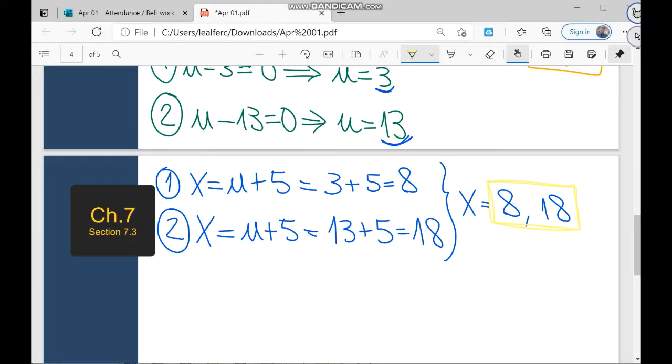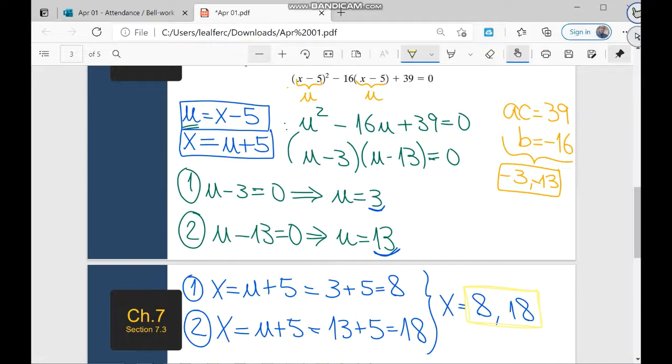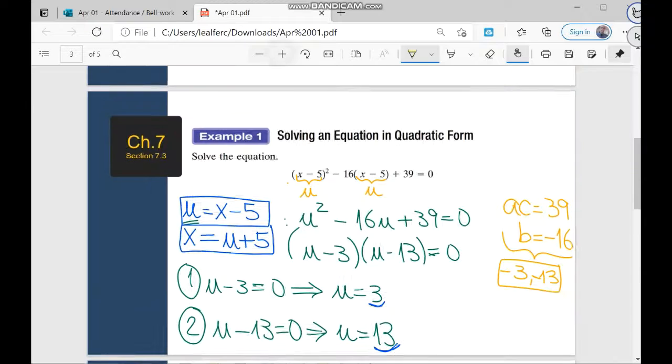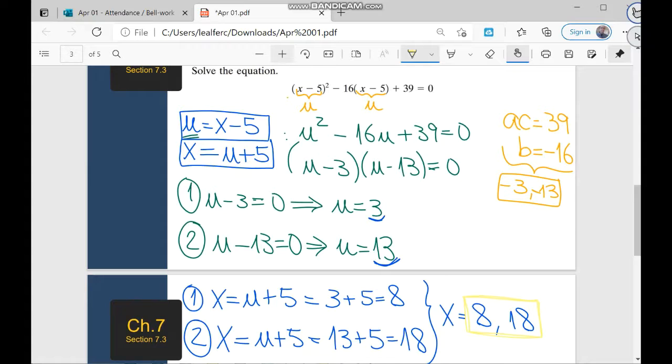Now, let me show the whole thing, zoom out and show the whole problem. Tell me if you can understand, if you can see what we have done. We've created a variable u that is equal to x minus 5, and at the end, after we solved and found the answers for u, we substituted again, x equals u plus 5, and then we found the solution for x.